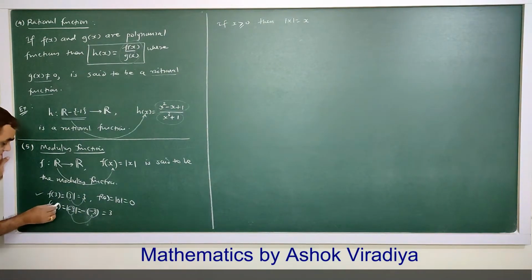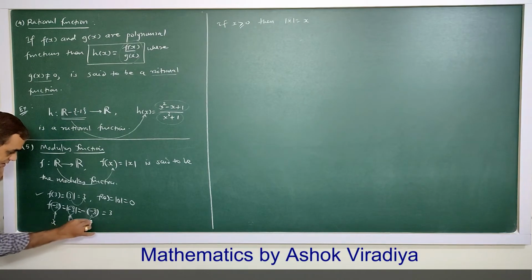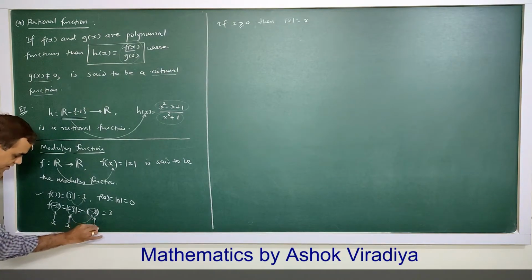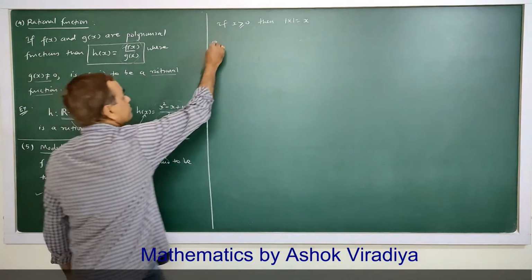Now I am putting a negative here. This is x. So f of x is modulus x, and modulus x is minus x if x is negative.